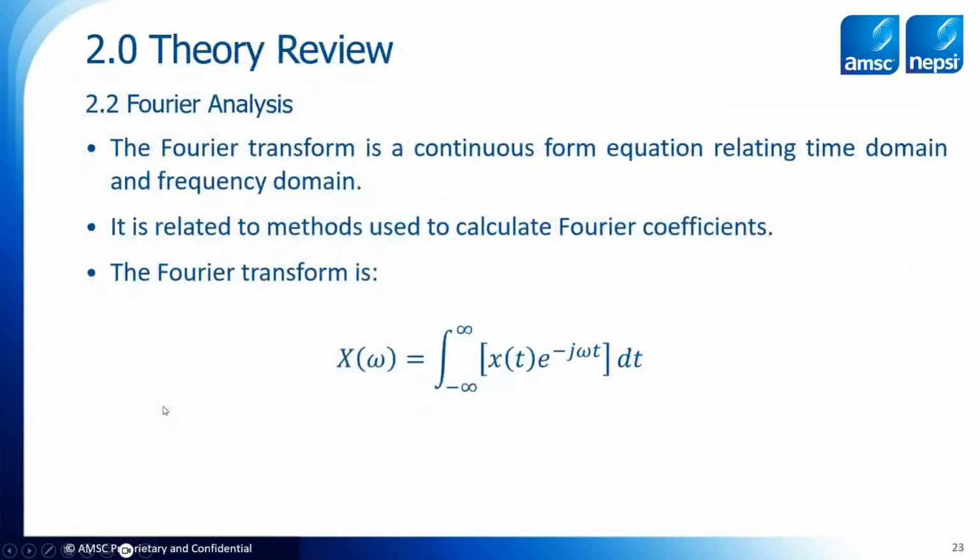Okay, now in the time domain and the frequency domain and how they relate to each other, all the work and the theory done hundreds of years ago is summarized in the Fourier transform. It's a continuous form equation.